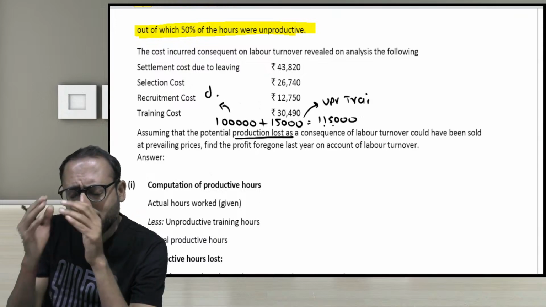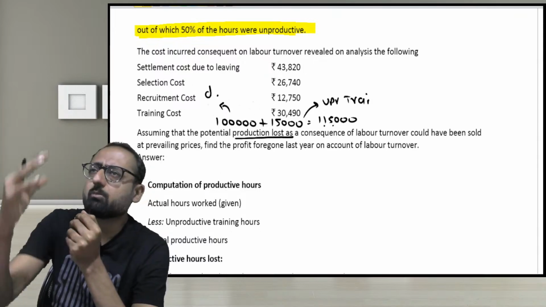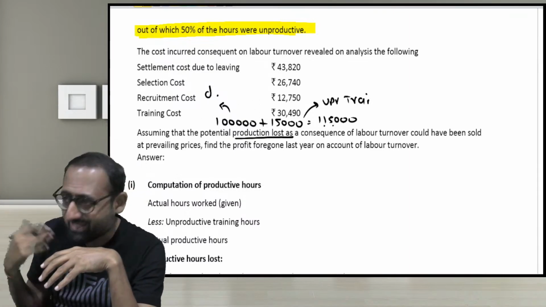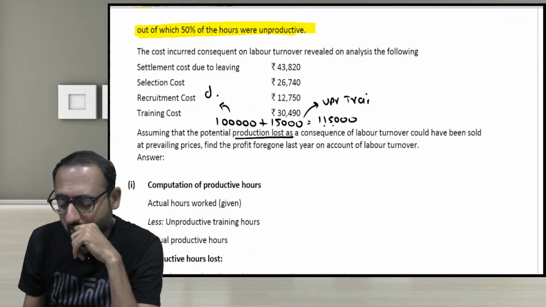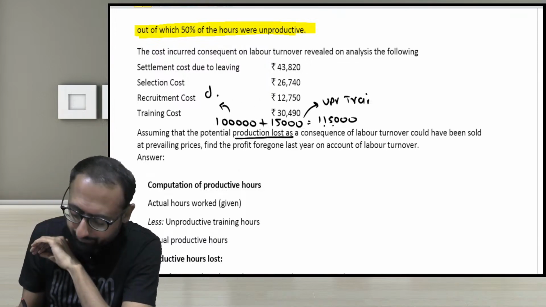In those 1,15,000 hours you could have produced more, sold more, and earned more profit, but it is not possible because of that labor turnover.